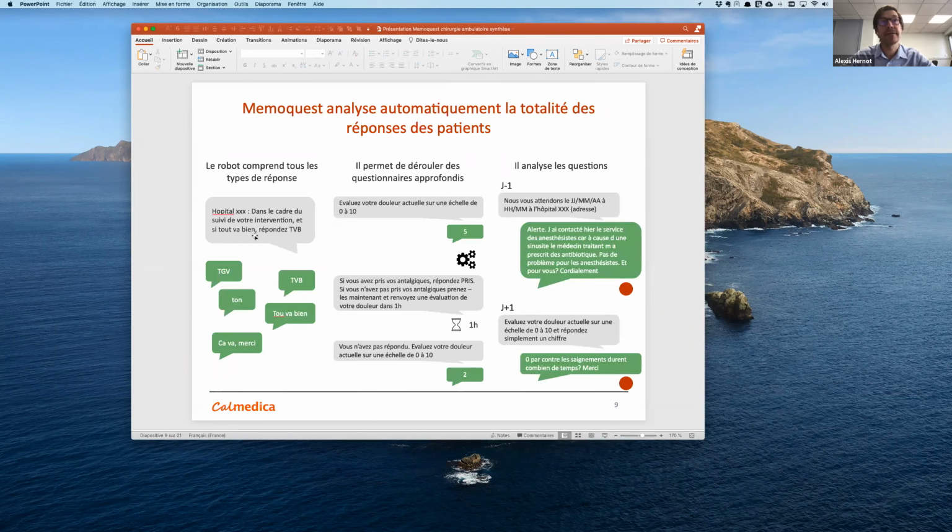You see on the left hand side, if everything is okay, answer TVB, tout va bien, so everything is fine. This is the question we usually ask, and we ask many other questions. The idea is to be able to know whether a patient is in good situation or not, either prior or after surgery, or for any disease. We do Alzheimer, we do cancer, we do cardiac diseases, anything.